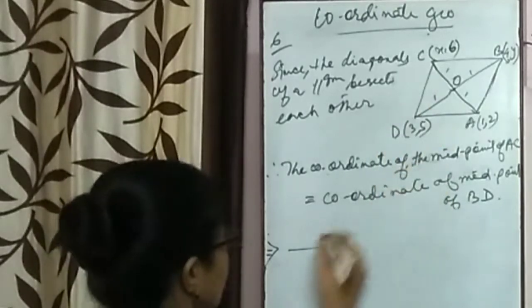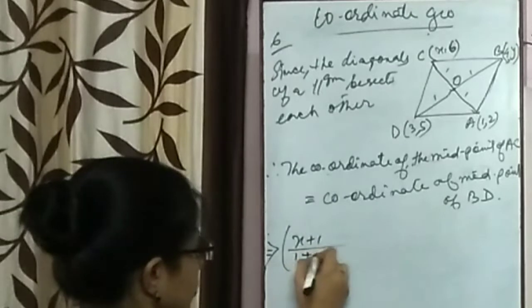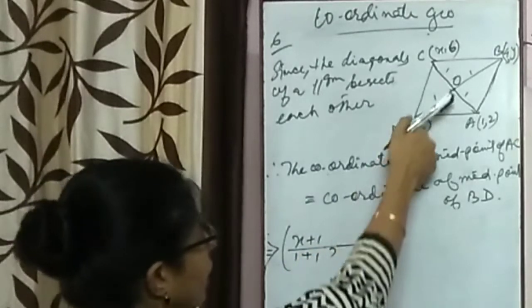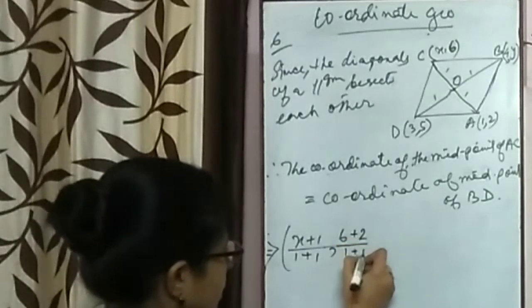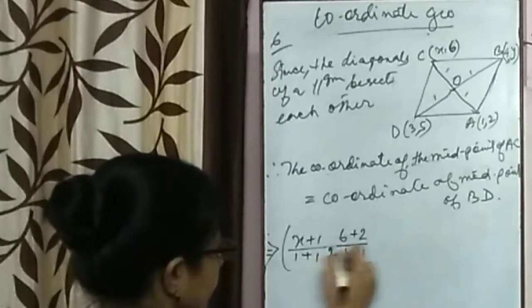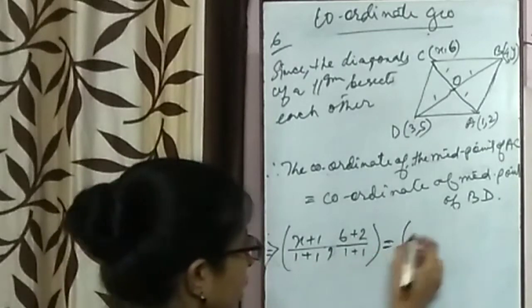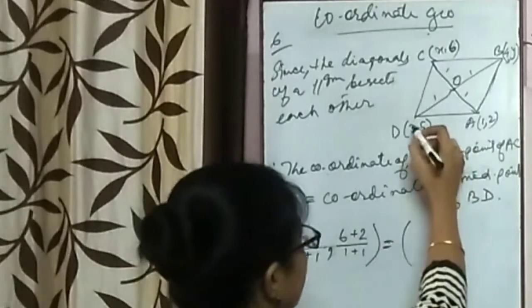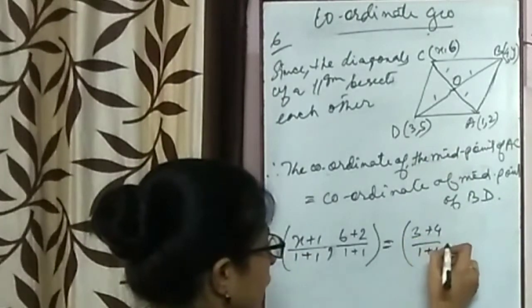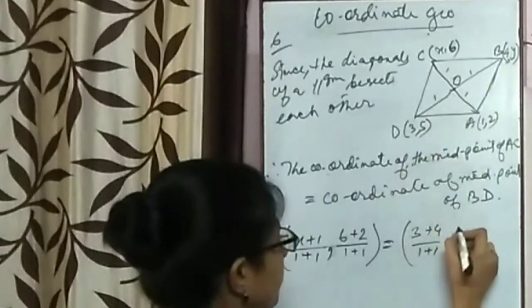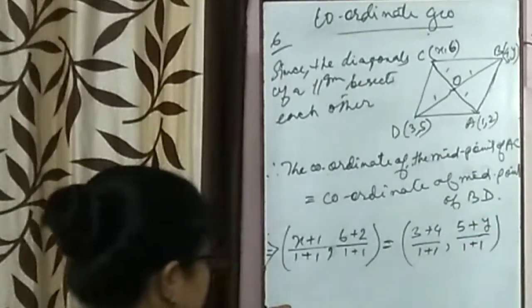So (x plus 1) by 1 plus 1, it's the x coordinate, and y coordinate is (6 plus 2) by 1 plus 1. Both the coordinates are written together. Here for BD, (3 plus 4) by 1 plus 1 x coordinate, and (5 plus y) by 1 plus 1.